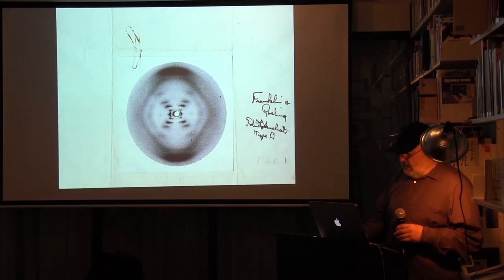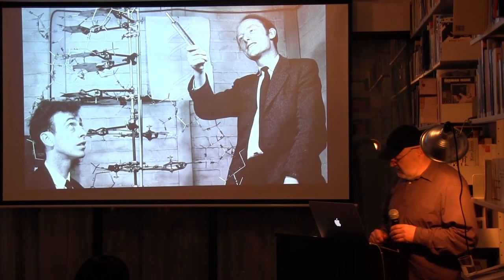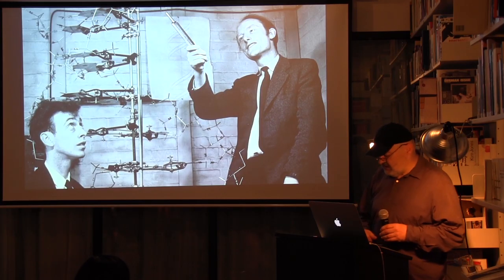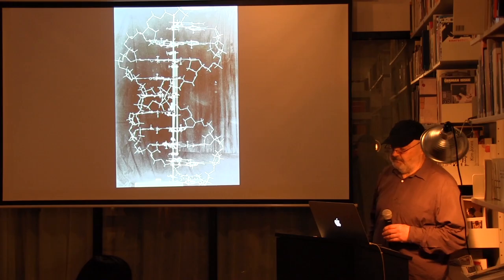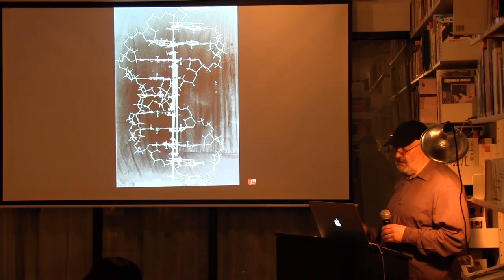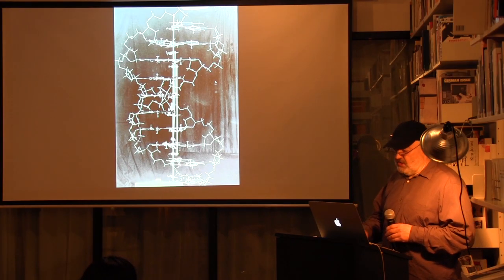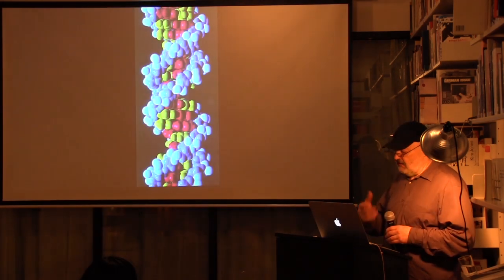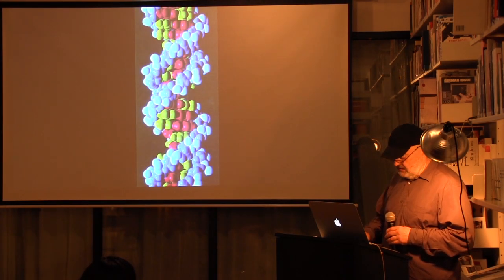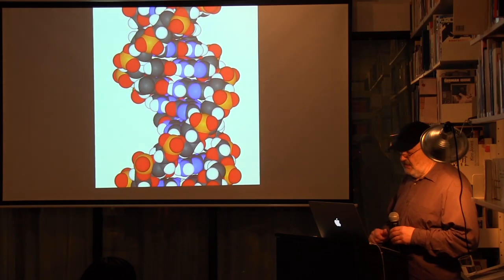James Watson and Francis Crick came up with this double helix structure. This is the earliest version, which today becomes multiplied in various combinations and variations, as we can see here.